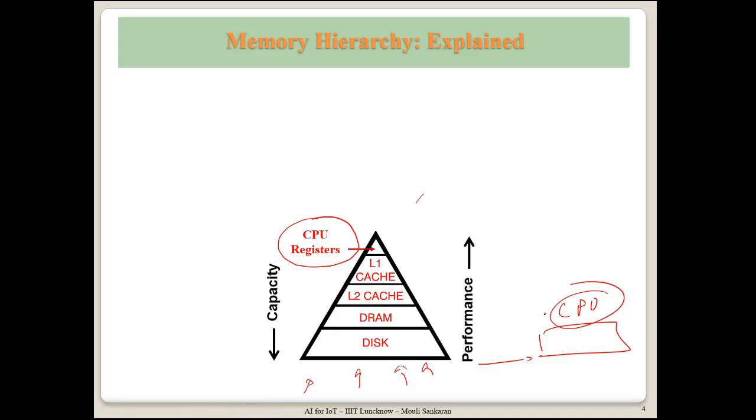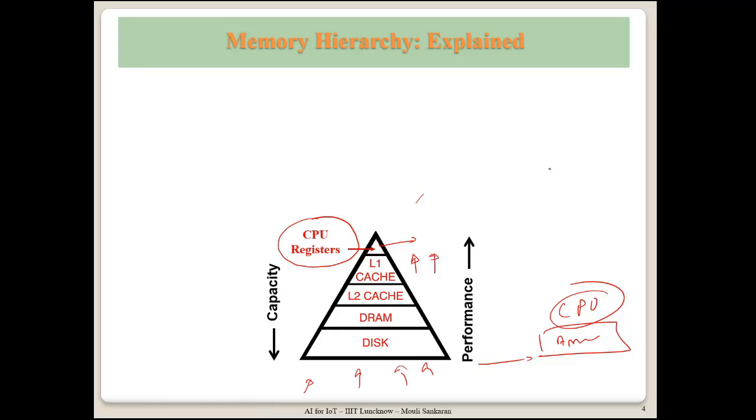So the instructions that the CPUs understand are the assembly instructions, which need to be fetched by the CPU to execute. So we need not only the code which is getting executed, but also data to be available closer to the CPU so that it can manipulate it.